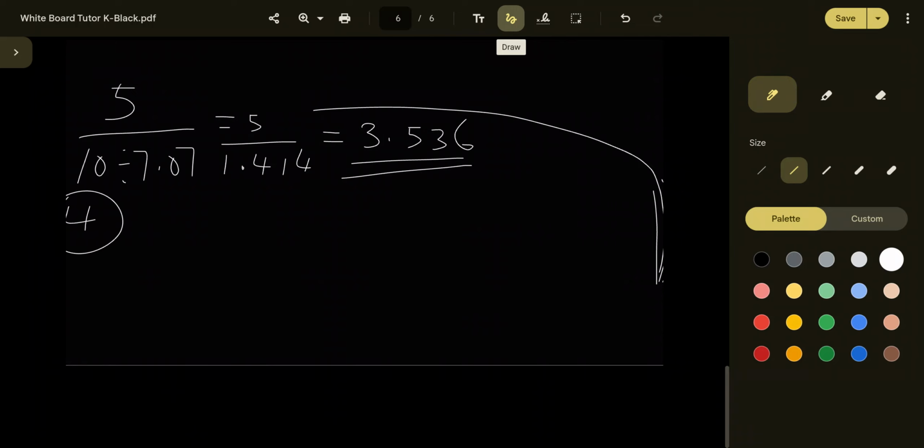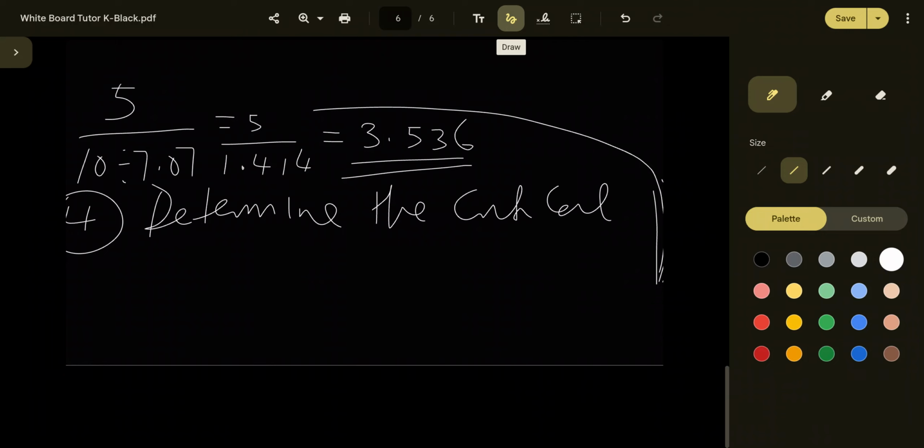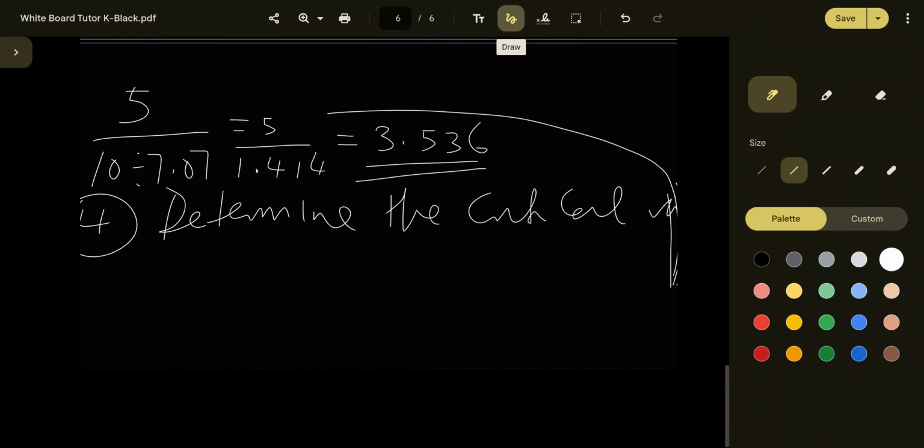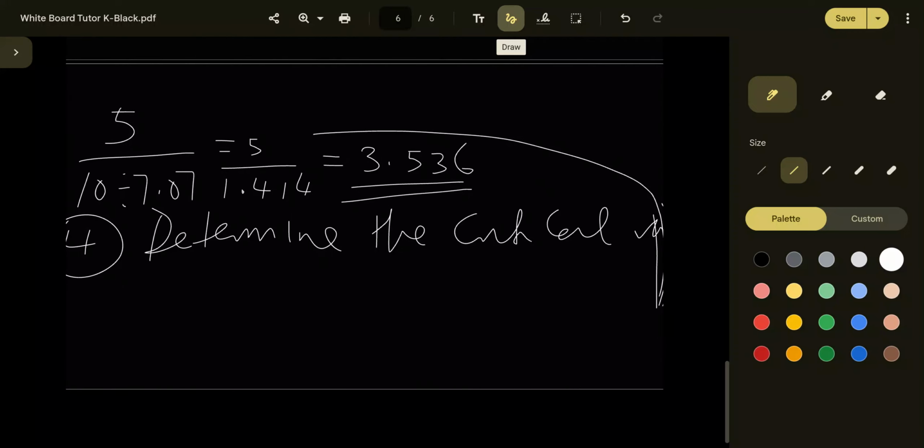For step 4, you are going to determine the critical value, or the critical values.